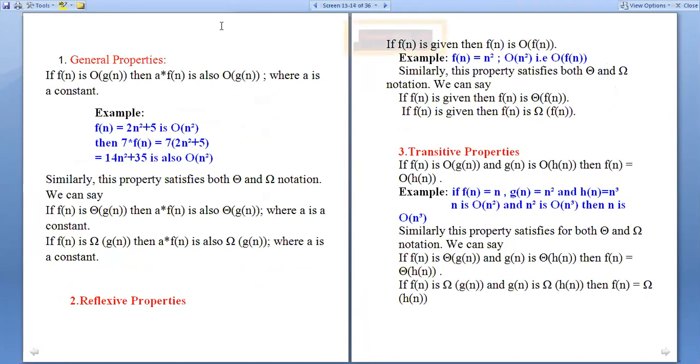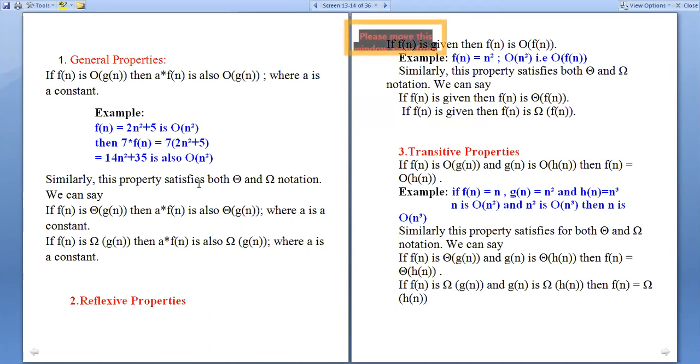So the general properties: if f of n is big O of g of n, then a multiplied by f of n, some constant value multiplied by f of n, is also O of g of n. Even though you are multiplying f of n with some constant value, it will not change the relation of f of n and O of g of n.